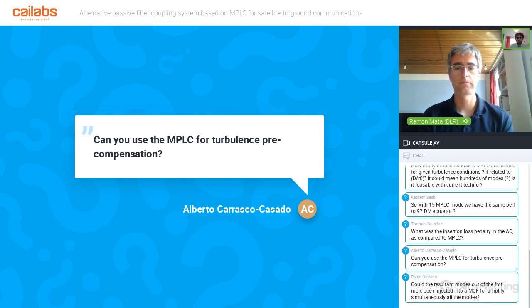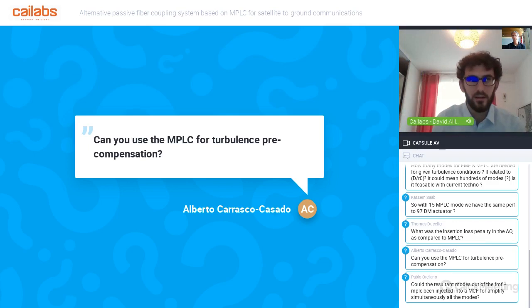It's very similar to experiments we did for coherent combining. The only thing is that for coherent combining at the output, you want a Gaussian beam. If you want to do precompensation, you don't want a Gaussian beam, but a shape that precompensates the turbulence. So it's doable in theory.